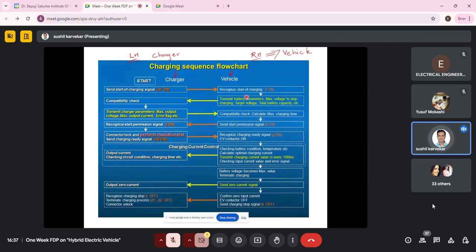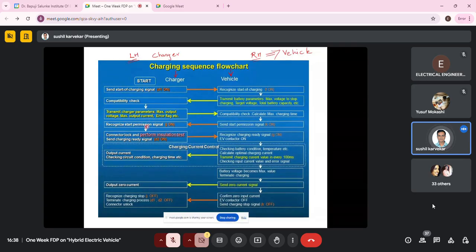Then there is a compatibility check, where the charger checks whether it is compatible or not. Why a compatibility check? If you are using the dedicated charger given by the company, it is straightforward and happens immediately. But if you are charging the battery at a charging station, then this compatibility check is extremely important. You have to ensure that the battery you are charging is compatible with the ratings of the charger present at the station.